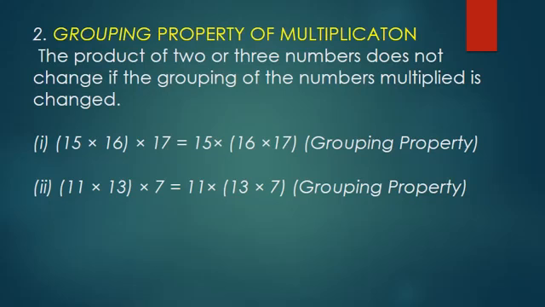Both sides will be equal. So this is the grouping property. Second example, 11 into 13 in bracket, then multiplied by 7, is equal to 11 into, in bracket, 13 into 7.